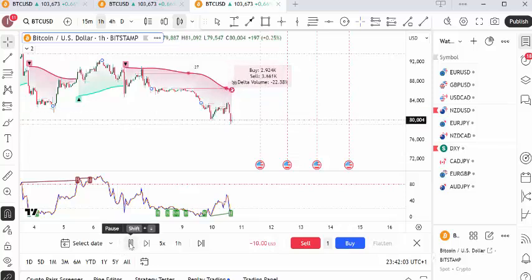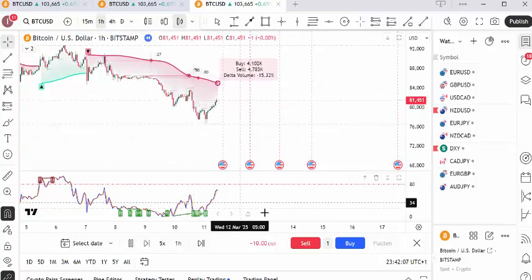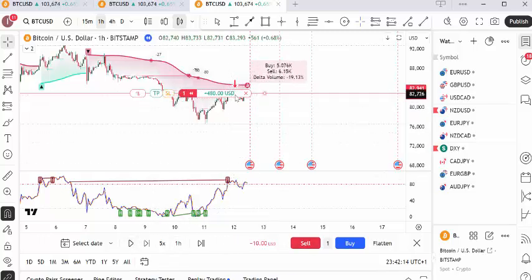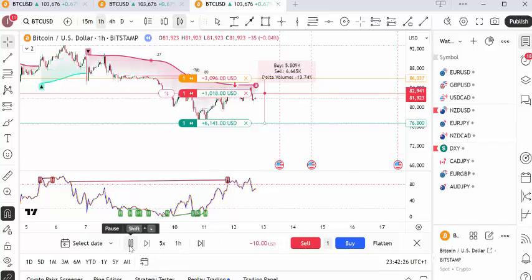Nothing. Okay, we have a bear. Here 6,000. Stop loss 3.